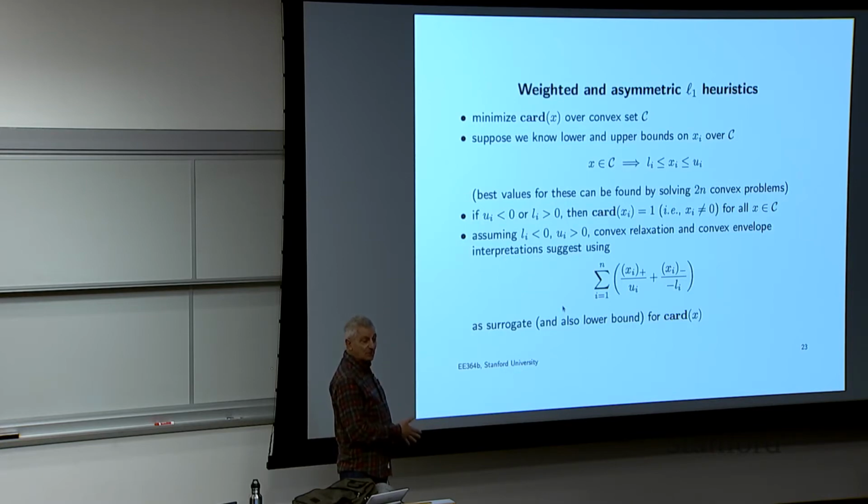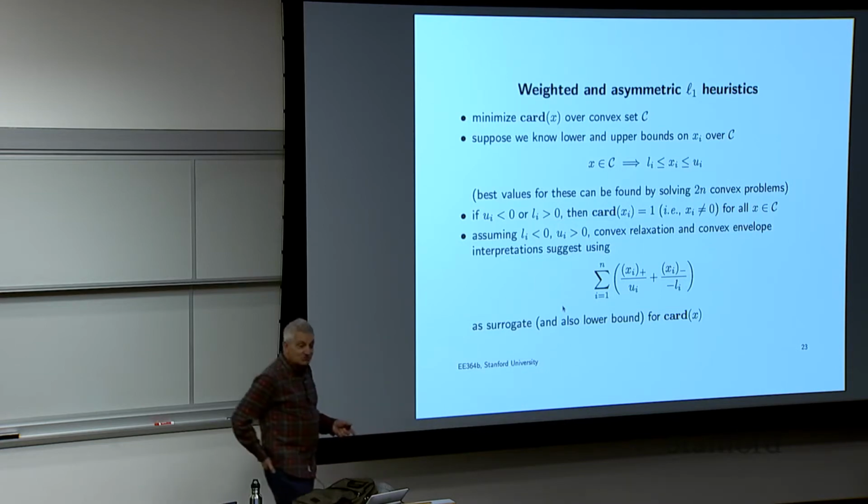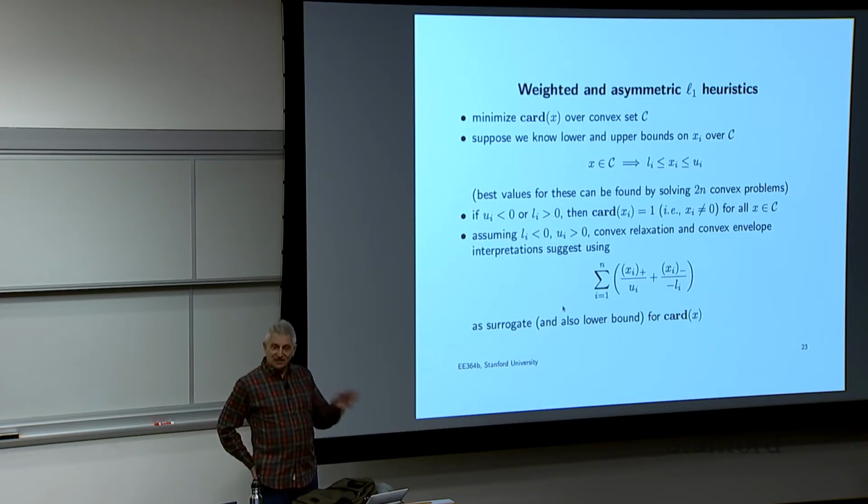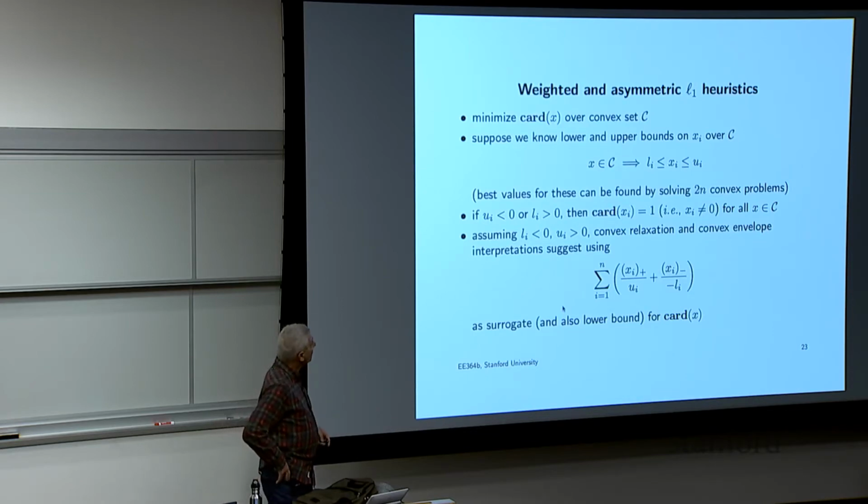So those are both convex problems, and I will get the best possible values of L and U. If x has a dimension really small, like 10, you should just consider solving it brute force and solve all 1024 convex problems, right? Then at 20, this is actually interesting because it's not going to kill you to solve 40 problems to get the bounds, which is going to give you a better sparsifier than just an L1 norm, right? So that would be one.